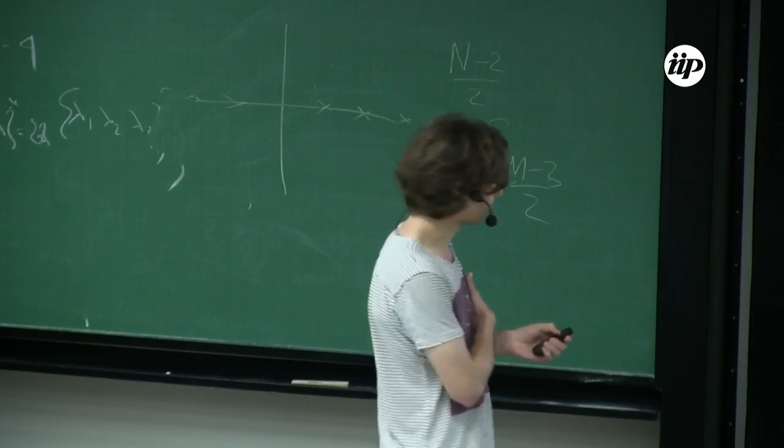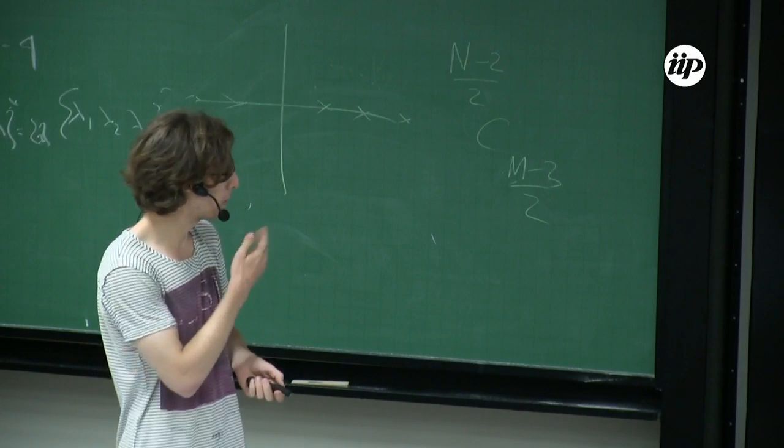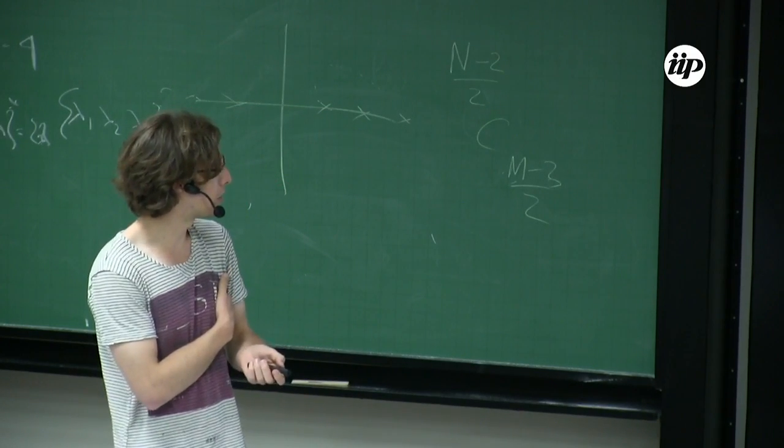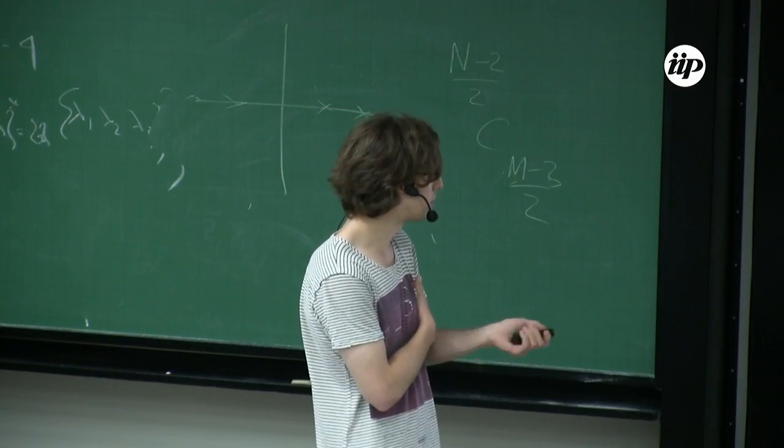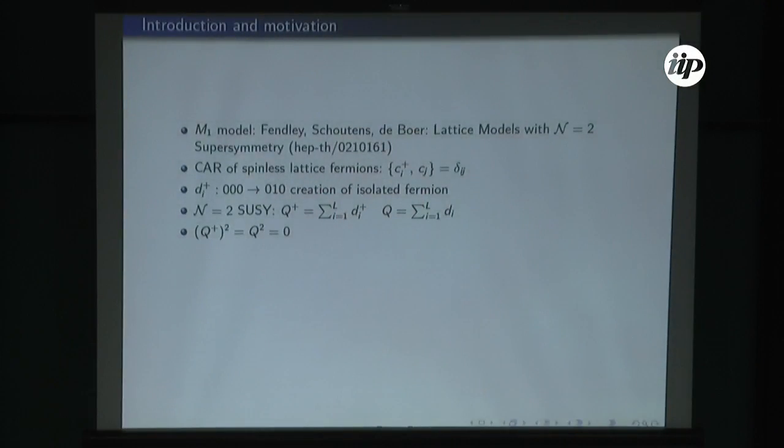And with the help of this d operator, you can define N equals 2 supersymmetric charges. So two operators, this Q plus and Q, which are nilpotent, and they are defined as such. So you sum up this d operator over the length of the chain, and well, actually use periodic boundary conditions.